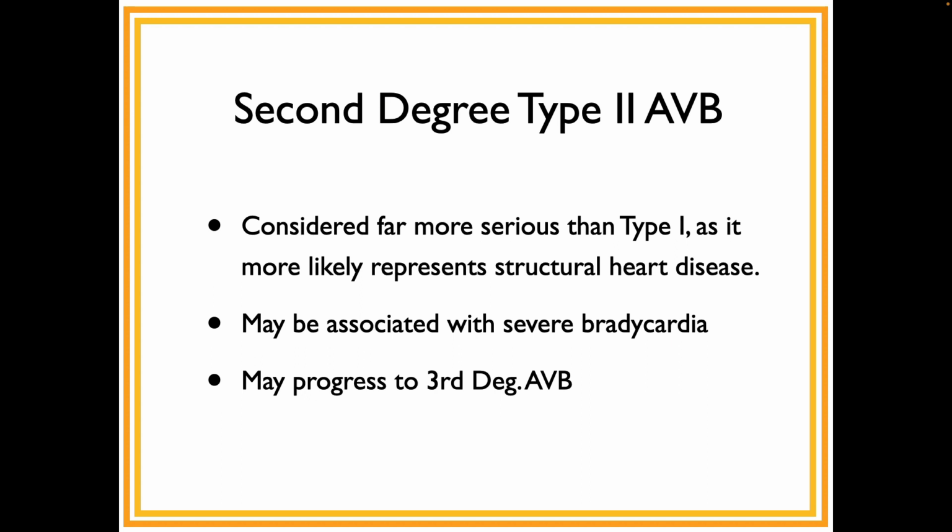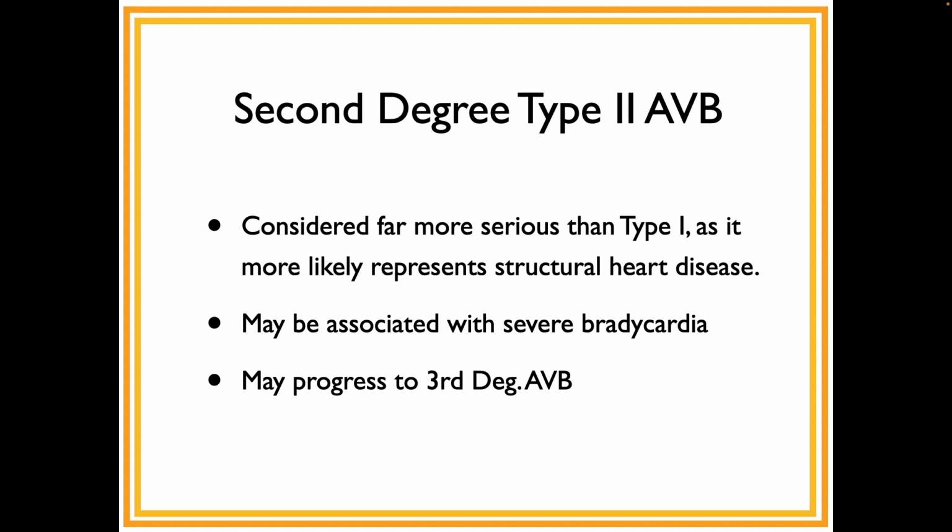But second degree type 1 is almost always temporary, and even if there's an MI happening, it rarely means that there's some infarction to that particular part of the heart. Whereas second degree type 2 is much more likely to have underlying structural heart disease. It's much more likely to be permanent.